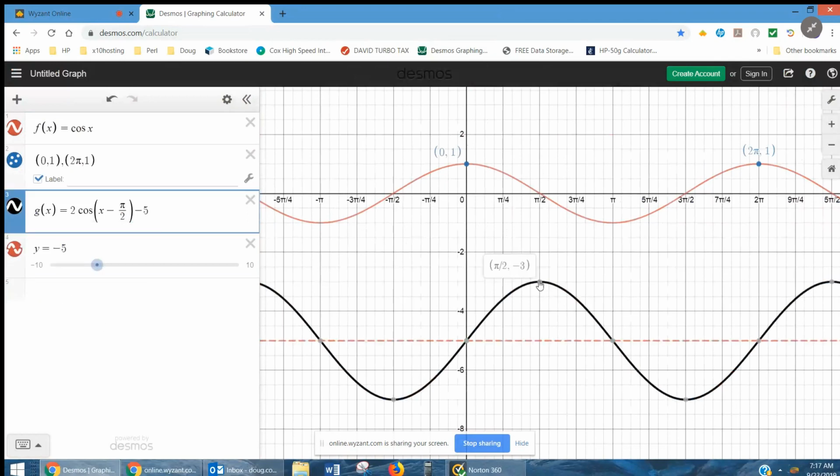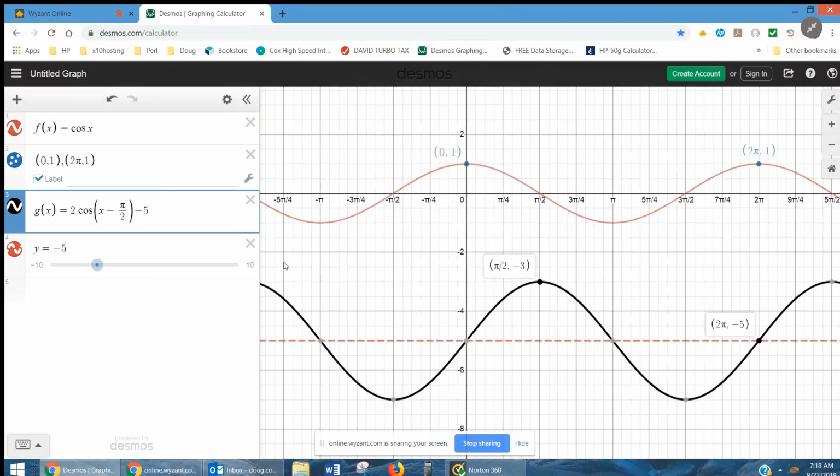And there's some of our points. So the 2 that was up here has now been shifted down 5. And that will be the case for all of these points on the graph of the red cosine function.